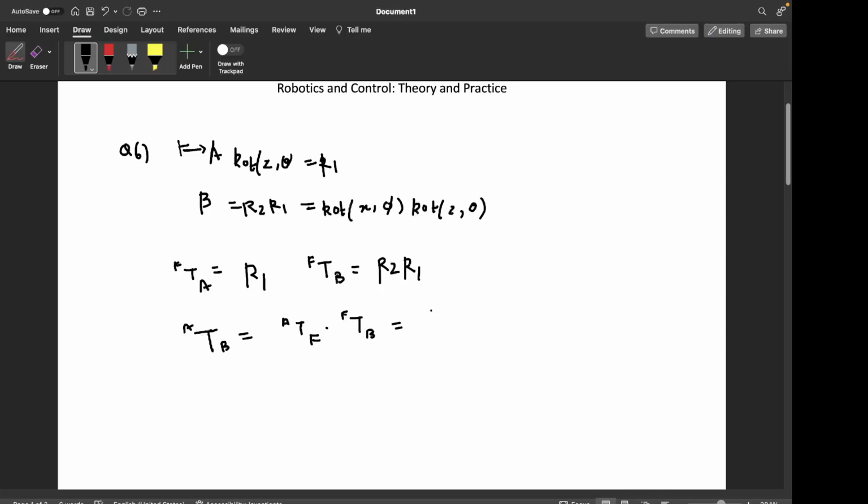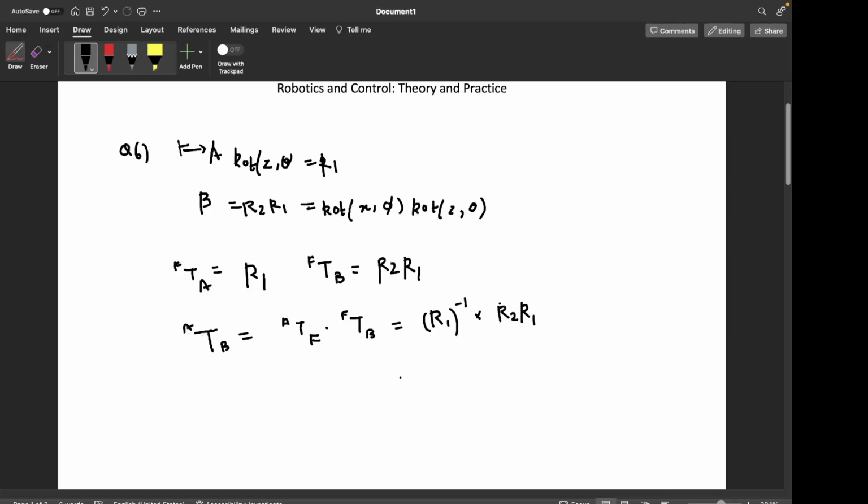The first part will be R1 inverse, and the second is the transformation from F to B, which is R2 R1.